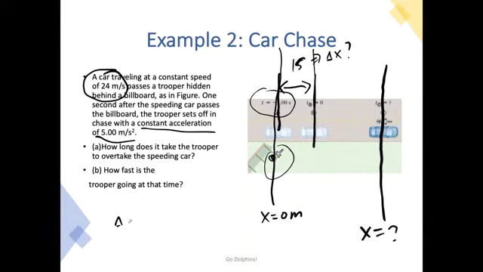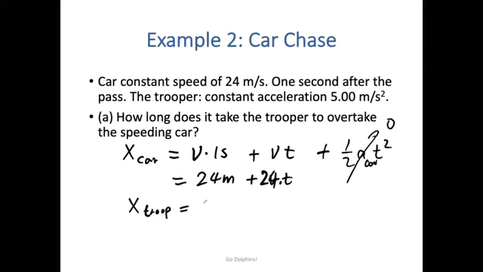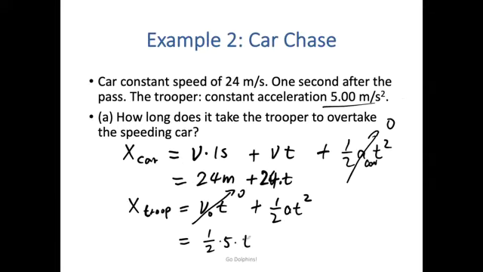It moves starting from t equals 0. So v0 t for the trooper, and the initial velocity of the trooper is 0, so this term is 0. 1/2 at squared: the acceleration of the trooper is 5, so 1/2 times 5 t squared, which is 2.5 t squared.